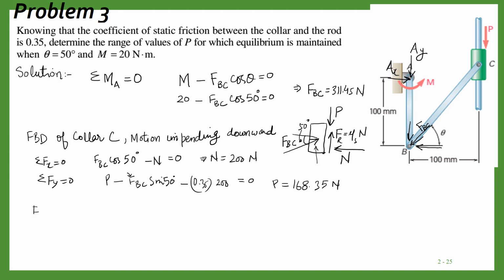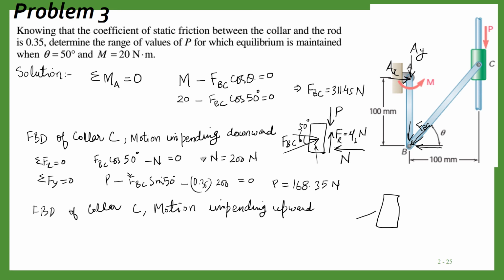Now the second scenario is when this collar is impending upward. So the FBD of collar C, motion impending upward. Again the diagram will remain the same. Here we will have FBC at 50 degrees, then we have P, and the friction force will now act downward.